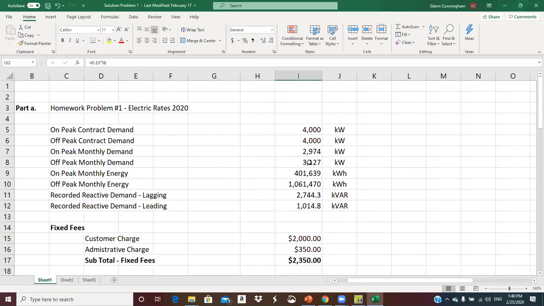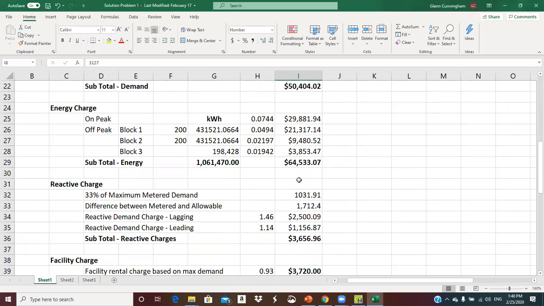Or you can work through the power triangle, but that's the way the math works. So if you take this number times 0.33, you get this amount. And so that's the amount that they're giving you. So what is that number? That's 1031.91.